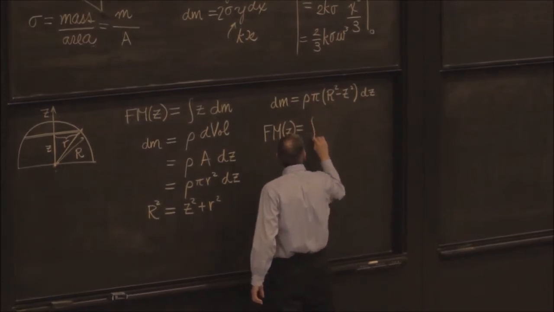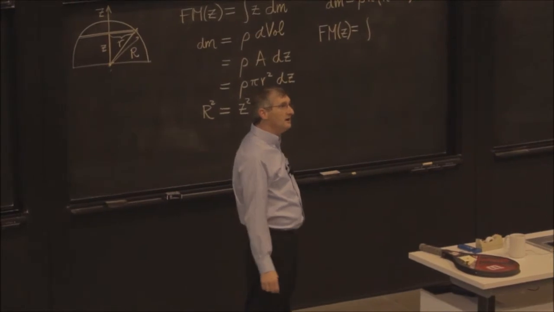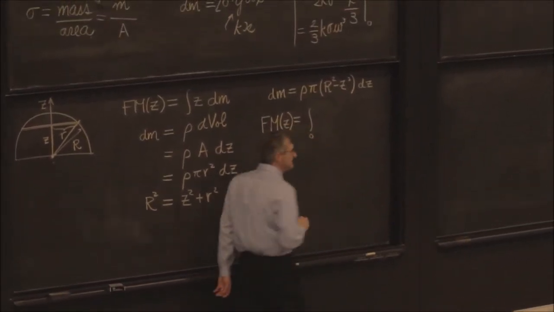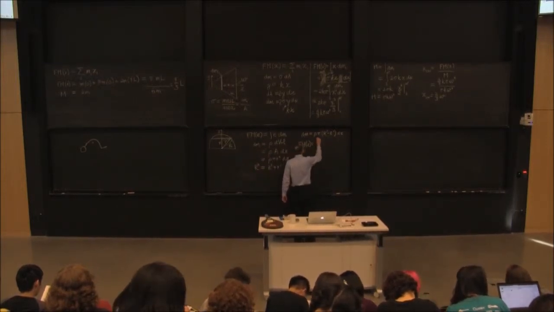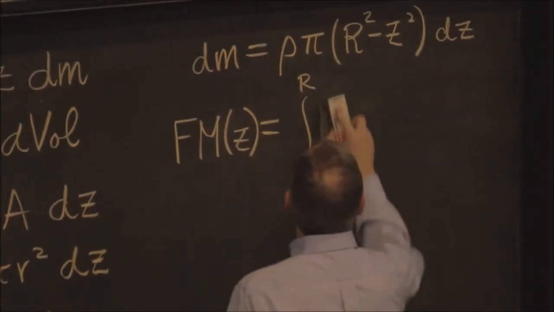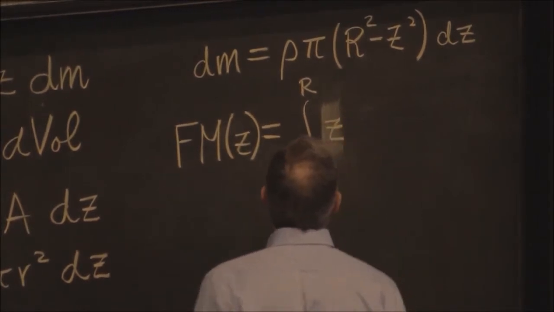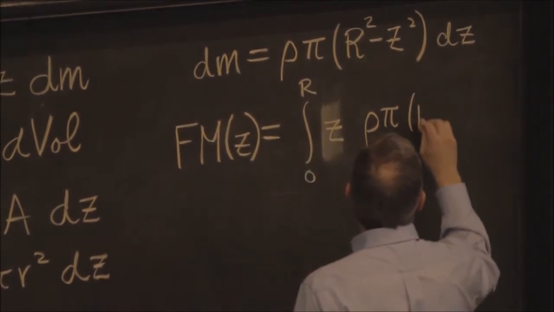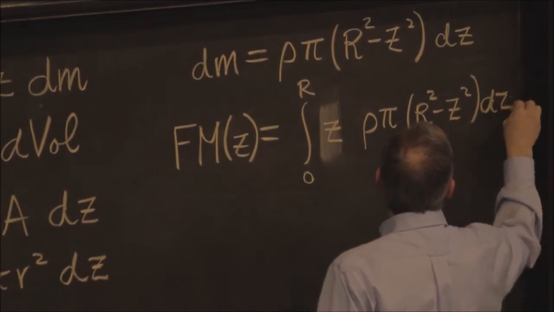And that would be the integral. What limits do you propose? 0 to the top, 0 to R. 0 is the smallest value of z I care about, and the biggest value of z is capital R. Rho, z dm. So z times dm, rho pi, R squared minus z squared dz.